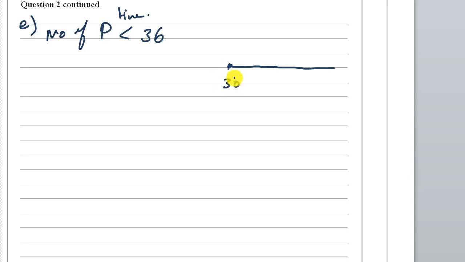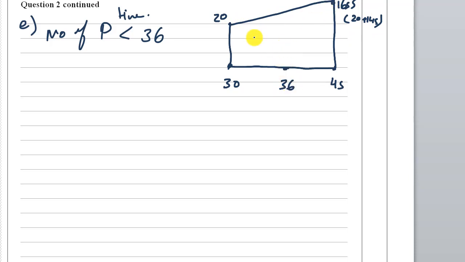So at time 30, the number of people is 20. At time 45, the total number of people here is 165, which is 20 plus 145. So I need the time 36. For this time 36, I need again this x.